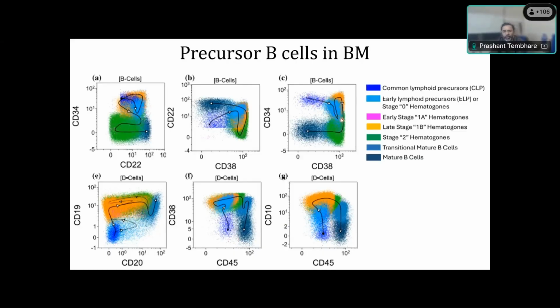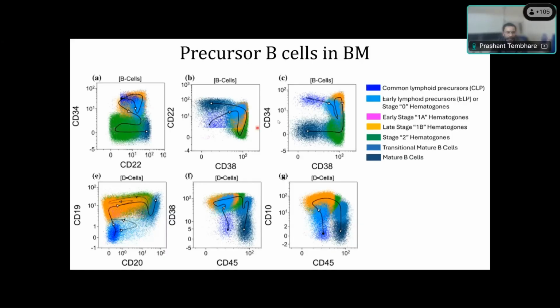Then you go to the stage 0 hematogones. These gain CD38 already. They have some level of CD10, but CD19 is still negative.